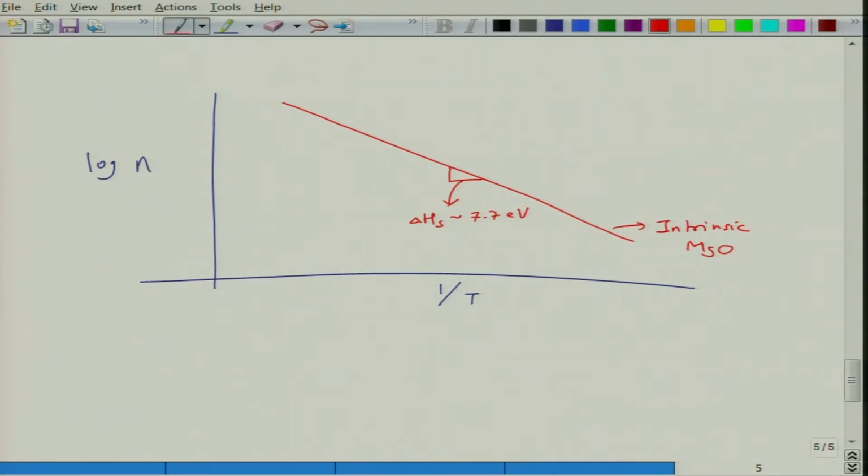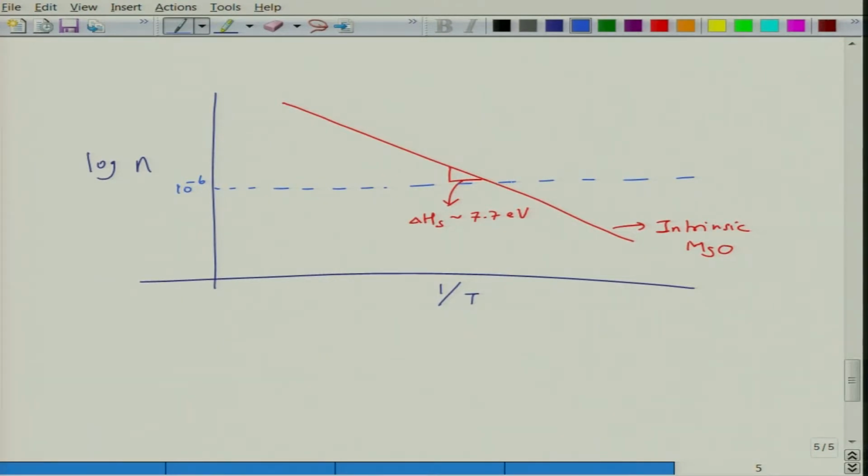Now, at very low temperature, this concentration will be extremely low: 10 to the power minus 15, minus 16. Now that I have put in an impurity of 10 to the power minus 6 concentration, I can draw a line of 10 to the power minus 6 concentration at a certain point.